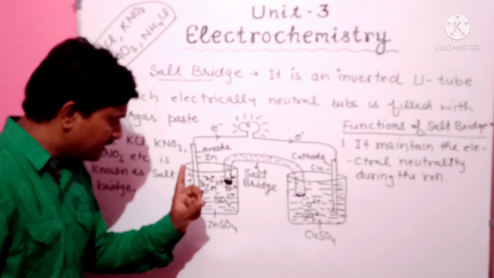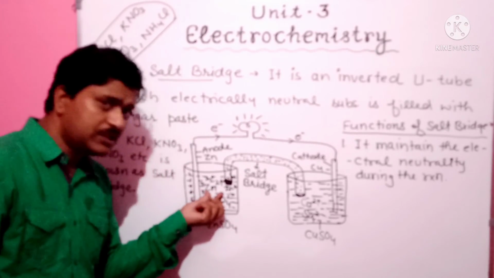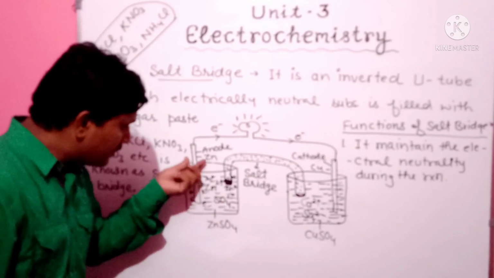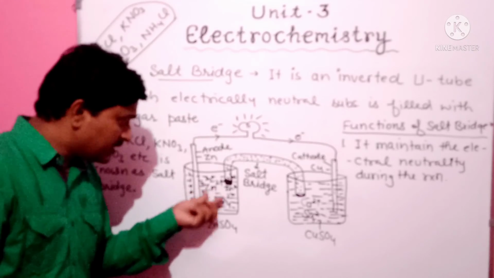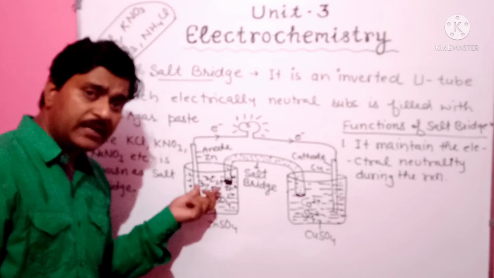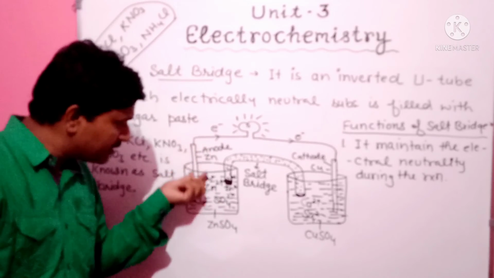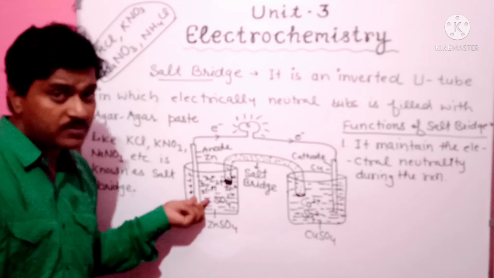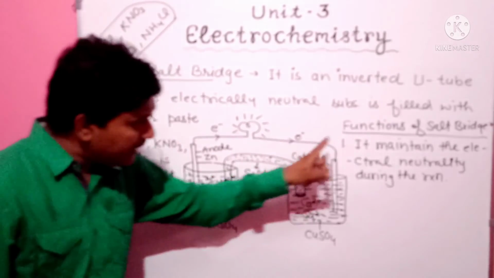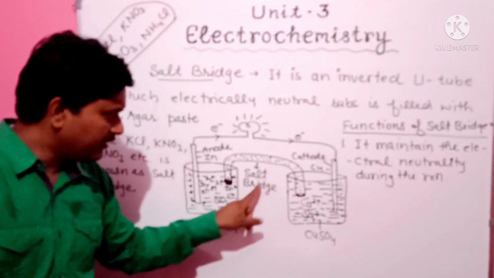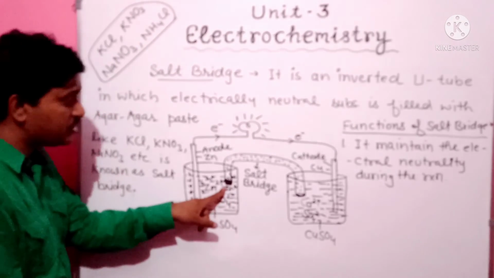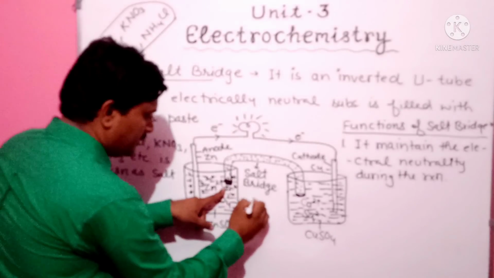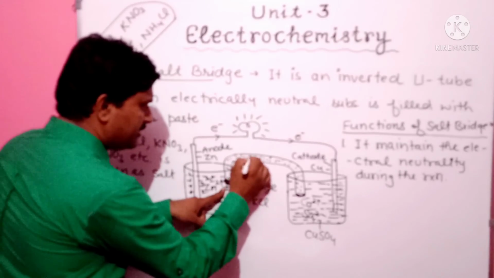As we discussed earlier, the concentration of zinc ions continuously increases after losing the electrons. When zinc ions continuously increase, they start to attract the electrons in the reverse direction. Then the cell stops working. If we add a salt bridge like this, then what happens during the reaction? Suppose the salt bridge has KCl filled in it.